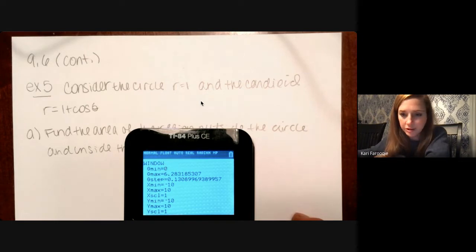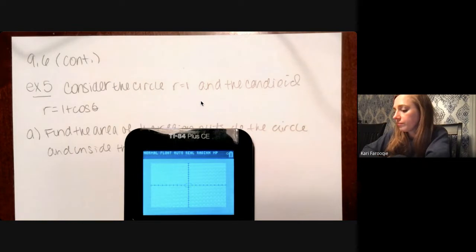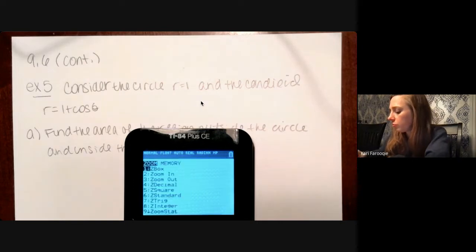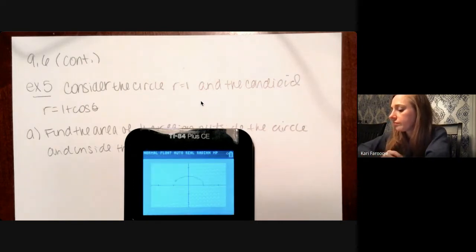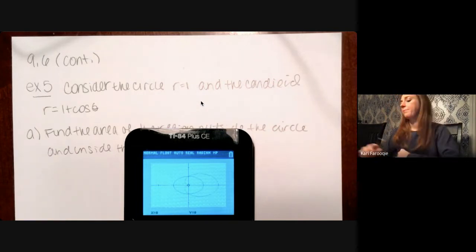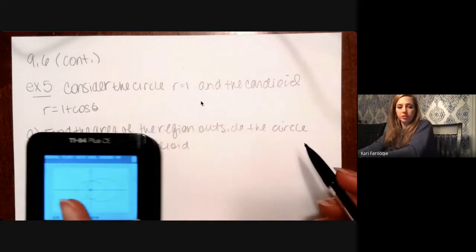So we're going to end up needing to zoom in a little bit more closely here. But go ahead and graph this. There's your circle. And there's the cardioid. So I'm going to zoom to, enter. There's your circle. There's your cardioid.